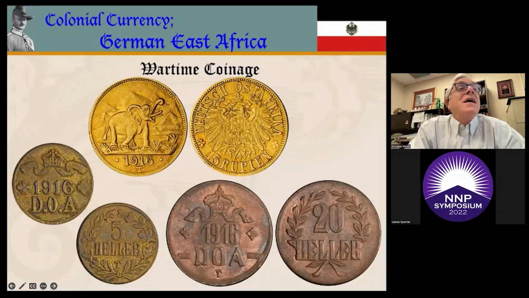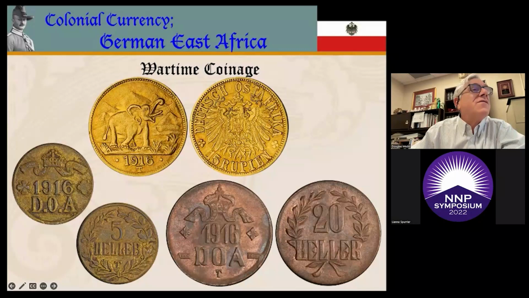This is a pretty amazing work, considering the amateur nature of the people creating the coins. The date 1916 and the T mint mark appear below. At that time, Tabora was the center of the ivory trade, so the choice of an elephant for the reverse was appropriate.